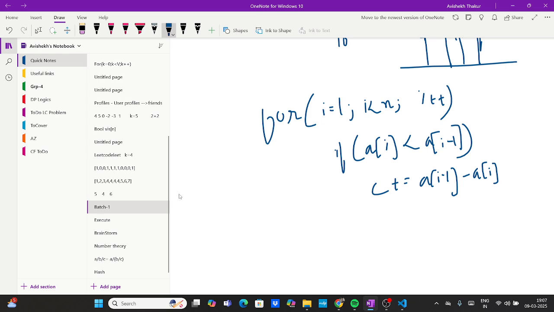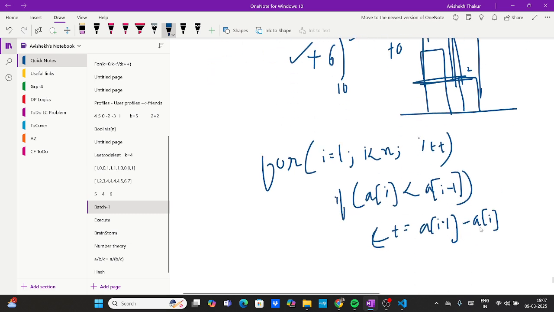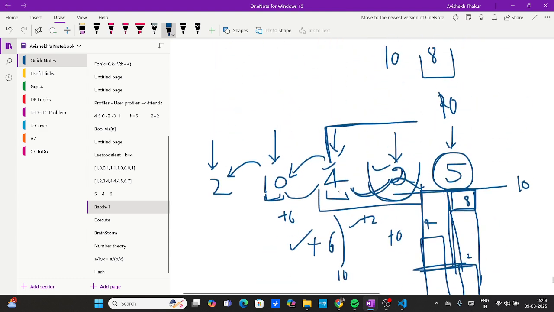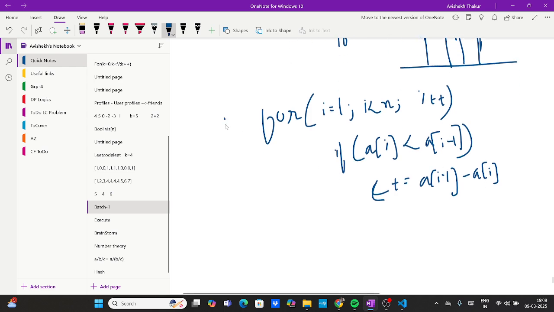Done with the answer, right? Last, print C. So is it fine? 4 is less than 10, so 10 minus 4 is 6. 2 is less than 4, so 4 minus 2 is 2. So 6 plus 2 is 8.